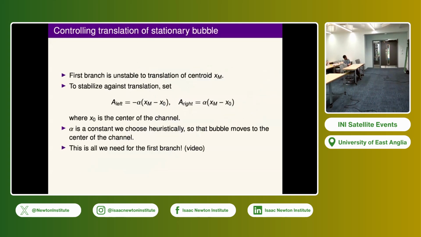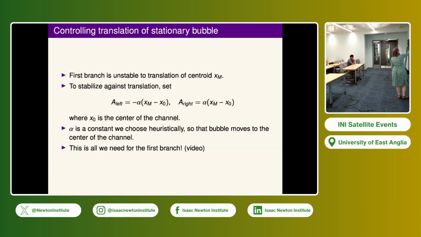Yeah. Okay, so we said that this first branch of the bifurcation diagram for the bubble in straining flow was just unstable to translating the bubble. And the way that you'd set up a feedback control is to say, if it moves over this way, inject fluid on that side to move it back again, and vice versa on the other side.